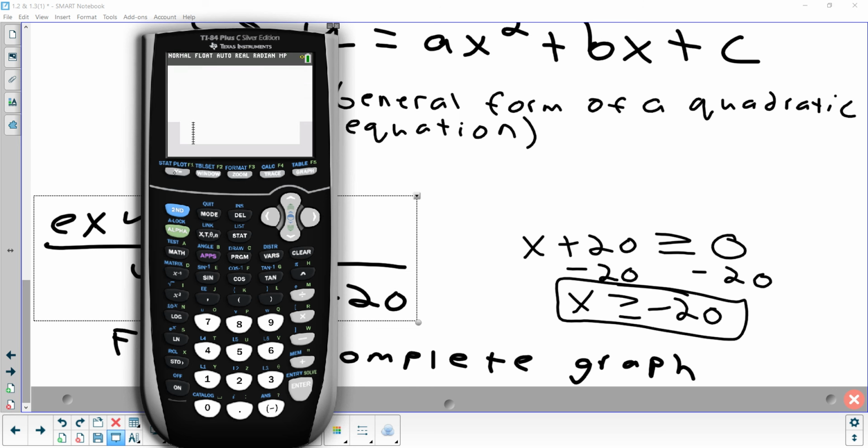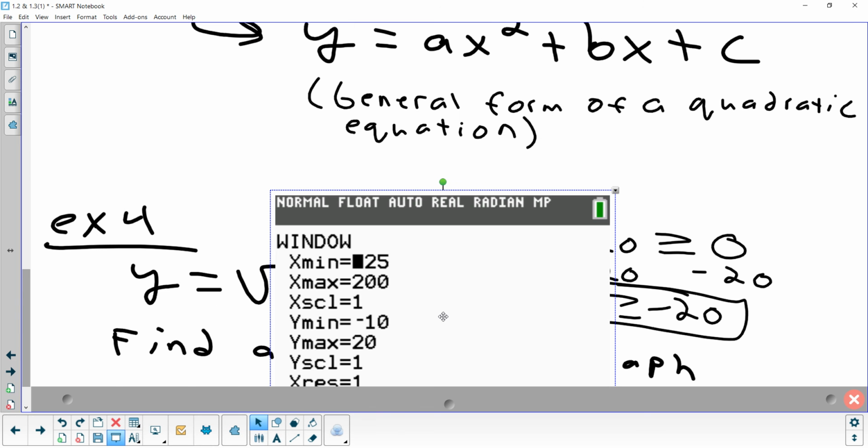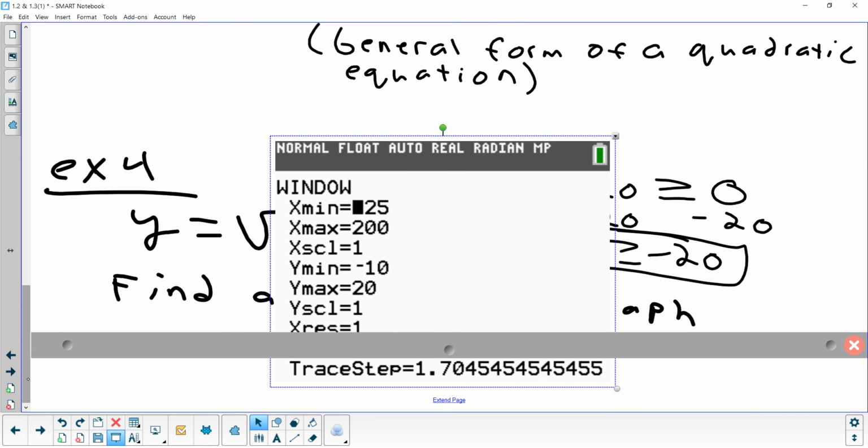The only way to get the other part would be as if I did something like this. You don't have to type this in, just watch. Now, by doing what I just did, I got the bottom half. Can't see it all, but it's there. But that was just the top half, just the part in blue. So for this one, I would say a complete window would be those numbers.